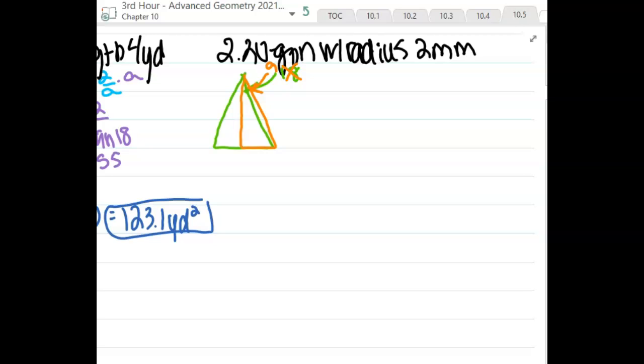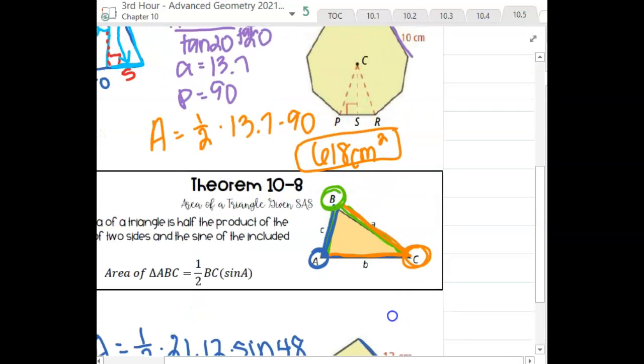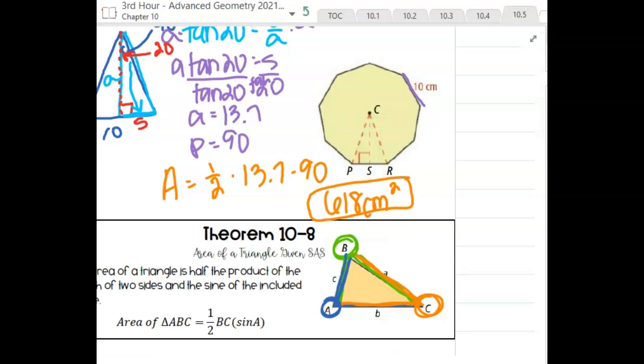Okay, now, this time I'm given the radius. So if it helps, you might go back to one of these pictures and look at what the radius looks like. Whenever you draw one of these triangles, the big triangle, those 2 lines that I drew in purple, those are the radii, okay?